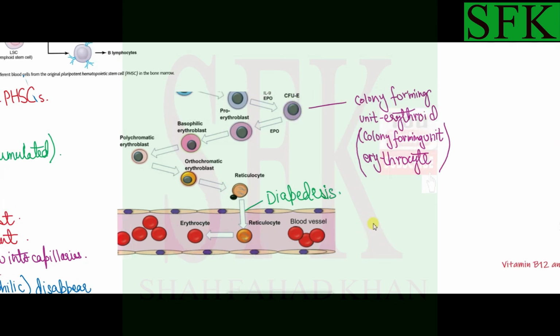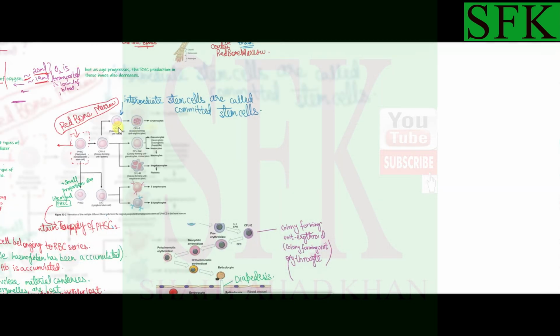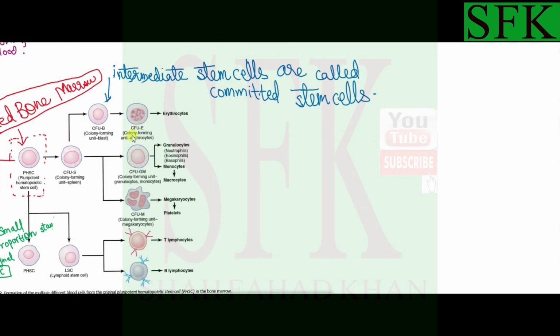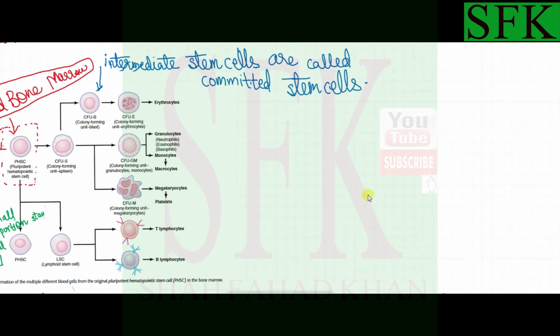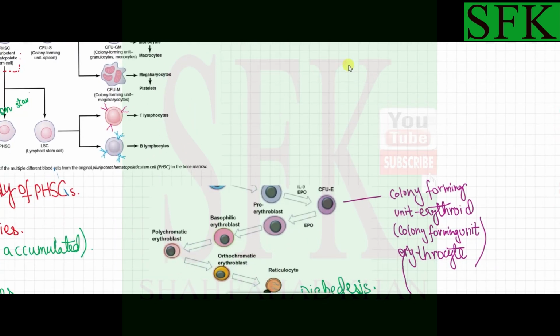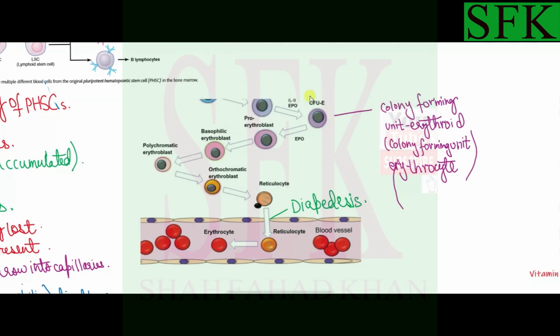Basically, if you look at the diagram that we just did up there, we have colony forming unit erythroid that gives rise to the erythrocytes. Now we are going to look at the detailed events that occur in between these two stages. We've done that basically, but I've put them together in a diagrammatic fashion.